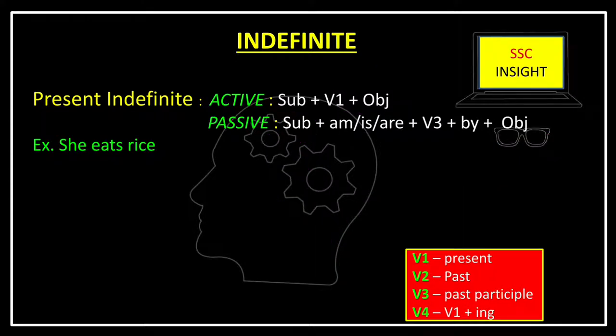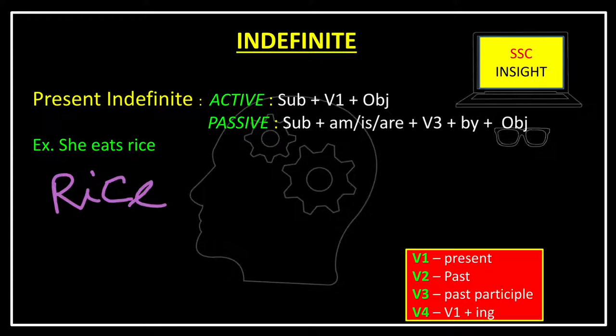So here I have taken a very simple example. If I say in present indefinite tense that she eats rice, then what will be its passive voice? Here the object is rice, so rice will be the first one, and next will be the auxiliary verb, either am or is or are.